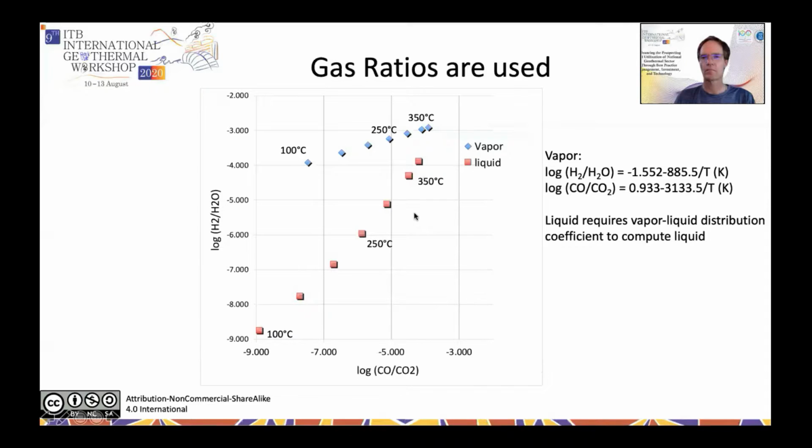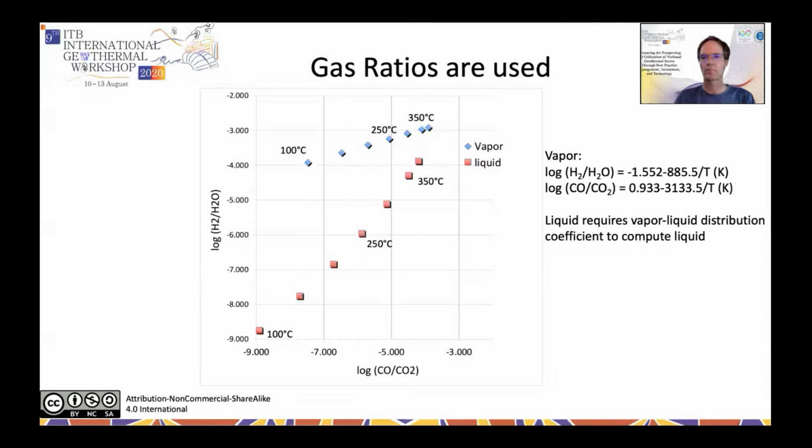Those vapor-liquid distribution coefficients are available in the literature, so you can calculate the liquid and vapor relationships yourself, make a diagram like this, and then simply plot your data points from your samples on this diagram to establish what your source and your process is at depth.